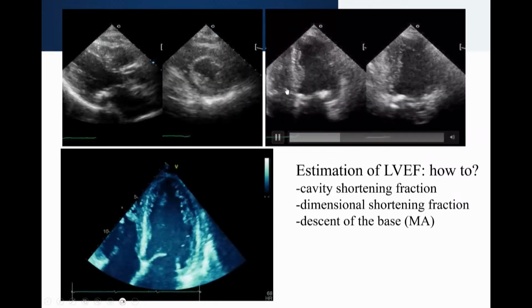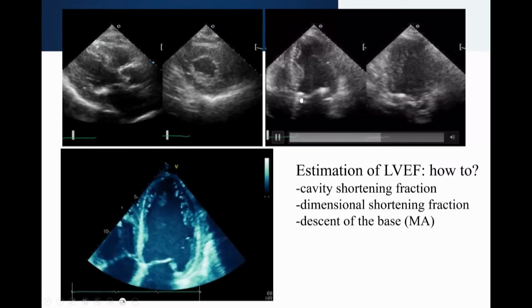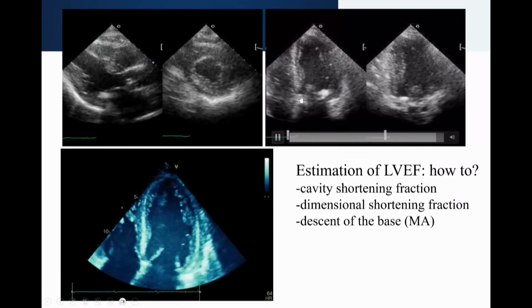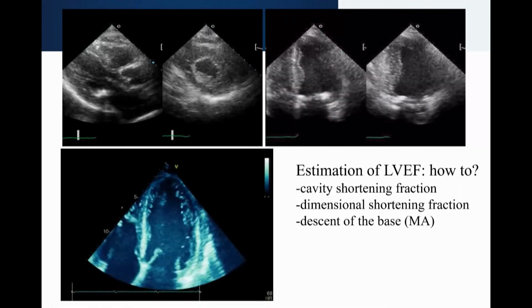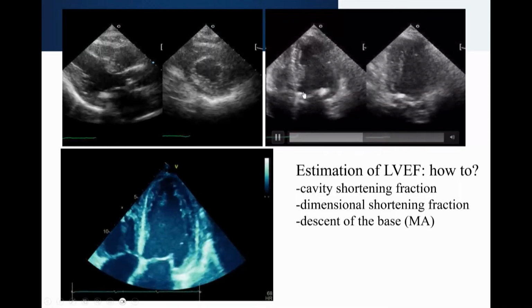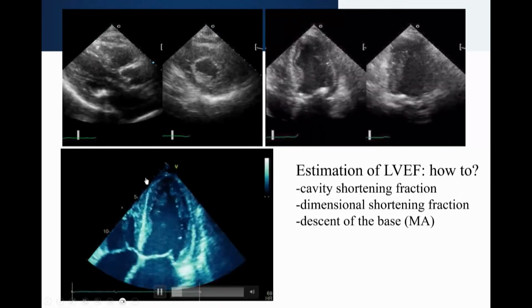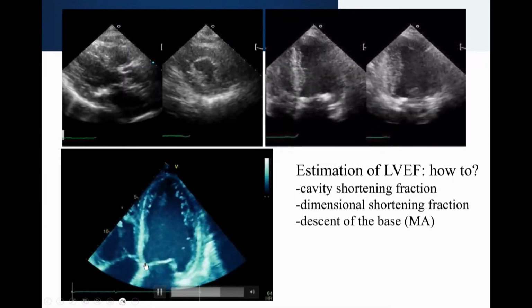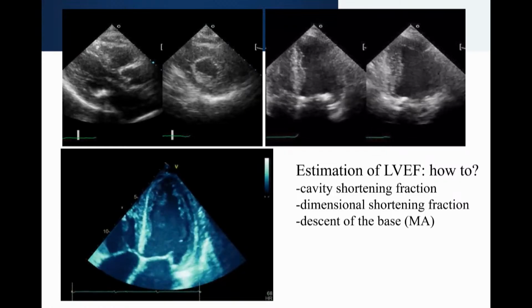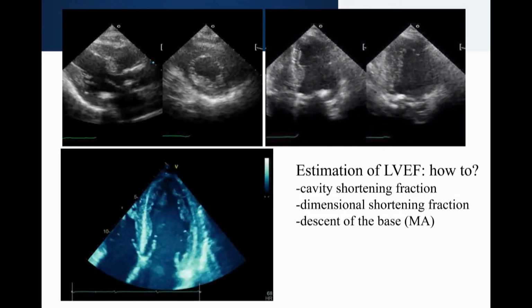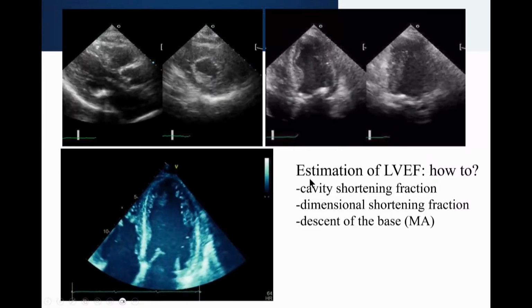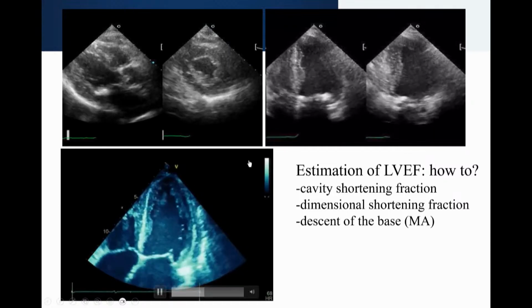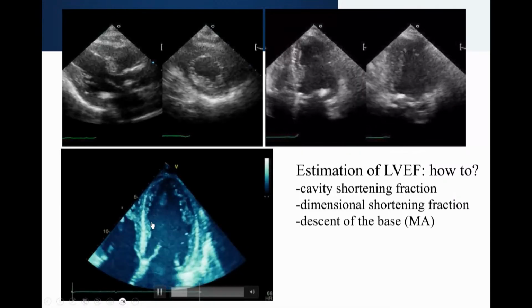Very importantly, with a healthy heart, the long axis shortens and the base of the heart descends nicely. If you have a reduction in that, as you have in these two cases, that usually implies some element of reduced left ventricular function. I can tell you that these two patients, by quantitative techniques, had EFs of about 41% for this one and around 44% for this one, okay?